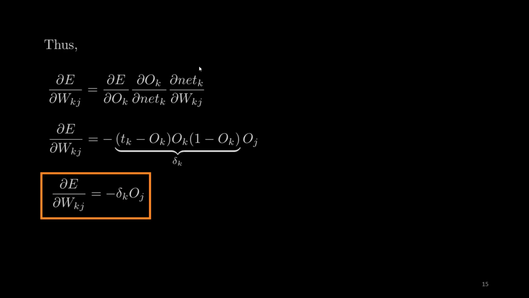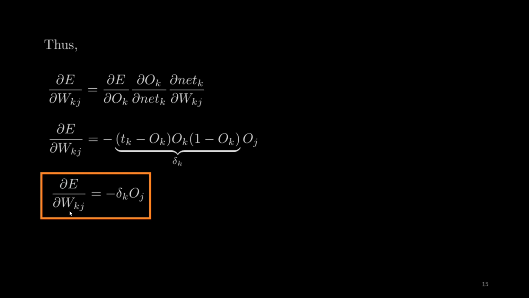And we have just calculated the value of the third term, which is oj. So if we put all these values, we will get the equation like this. And we know that this is our error signal, that is delta k. If we replace these terms by our error signal delta k, we will get this. So finally, we have successfully calculated the rate of change of error with respect to wkj. So this is the gradient of error.